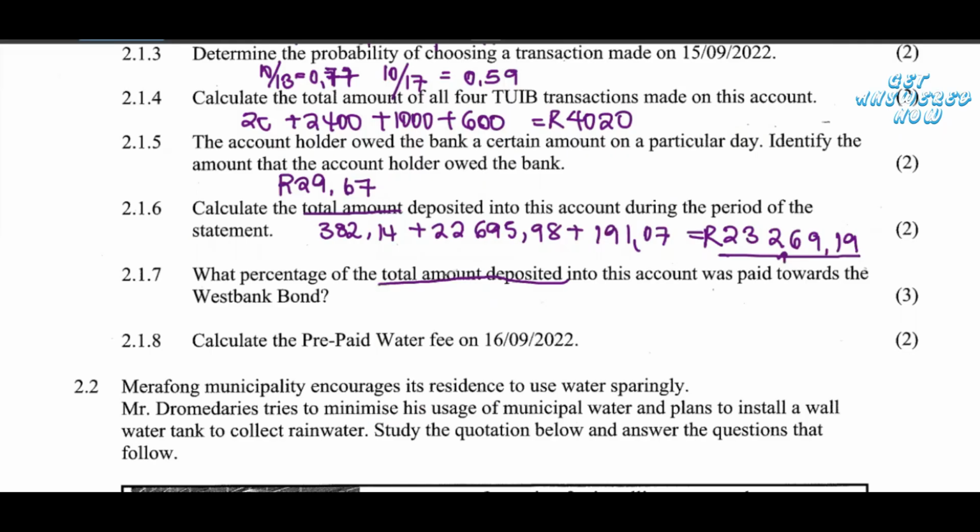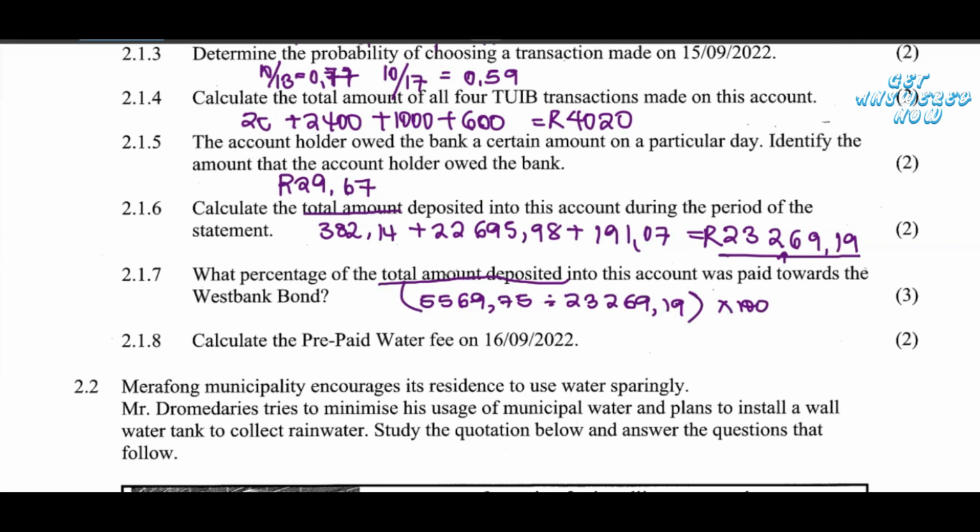So the bond is 5,569 rand 75 cents divided by the total, and because you're looking for the percentage, multiply by 100.